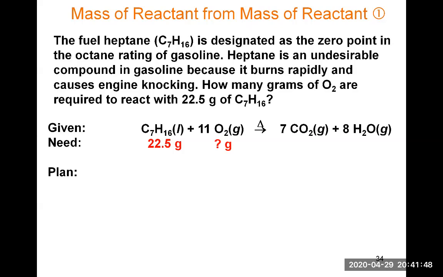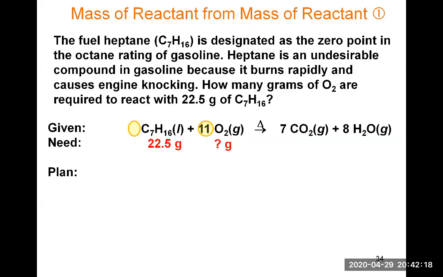And so, as I said earlier, the relationship between heptane and oxygen in this chemical equation is given by the coefficient of 1, implied in front of heptane, and of 11 in front of oxygen. And so the 1 and the 11 here are in units of moles. It's not in units of grams.